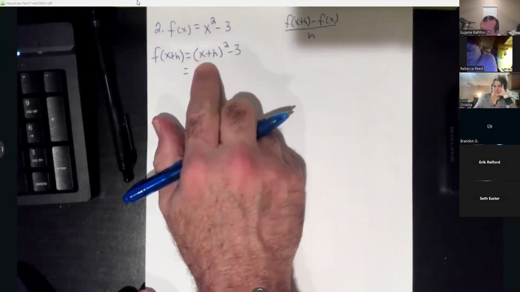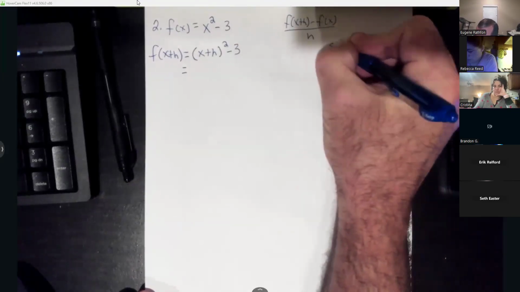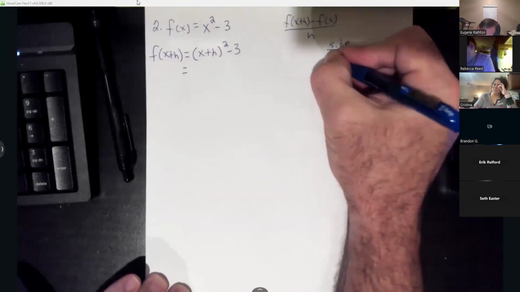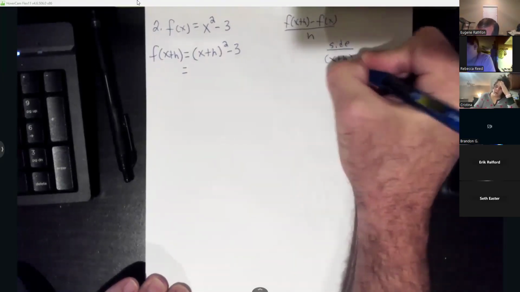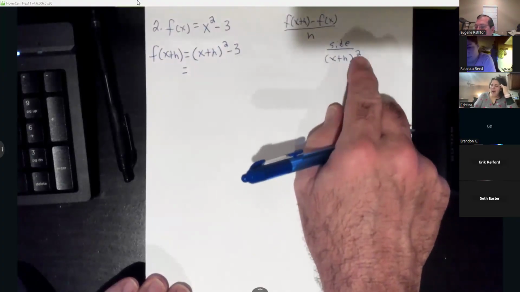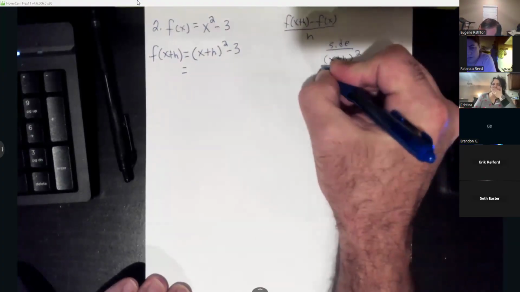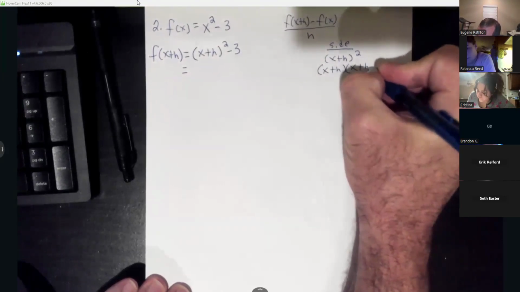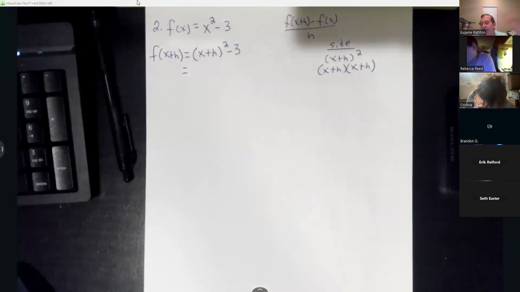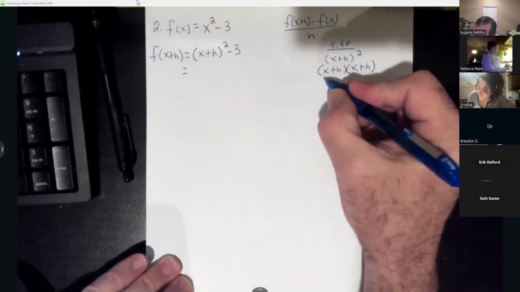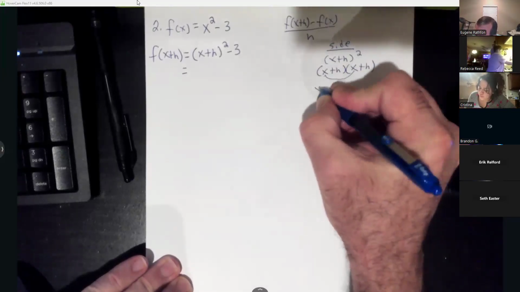All right. What I'm going to do over here on the side, I'm going to FOIL this out and see what we get. So x plus h squared. Anytime you got stuff being added like this, raised to an exponent, you need to write it twice: x plus h times x plus h. And then we need to FOIL this out. We got an x times an x, that's going to give us an x squared.